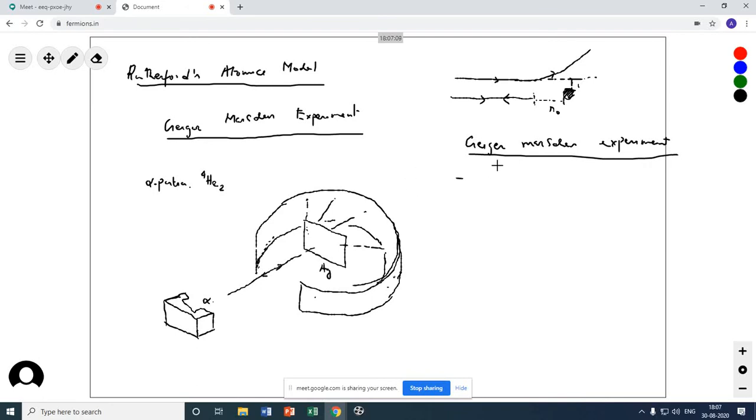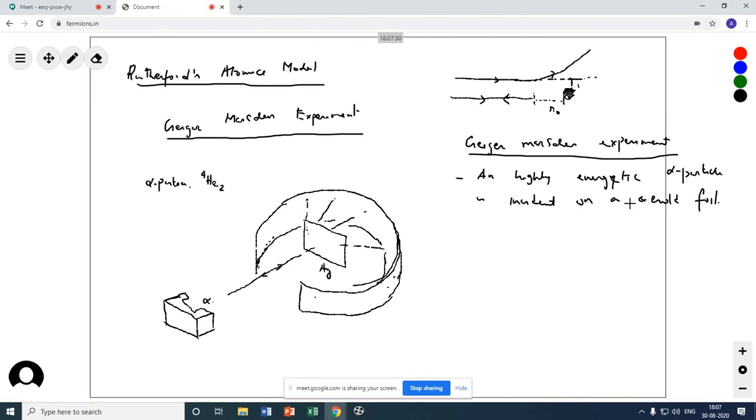A highly energetic alpha particle is incident on a gold foil.